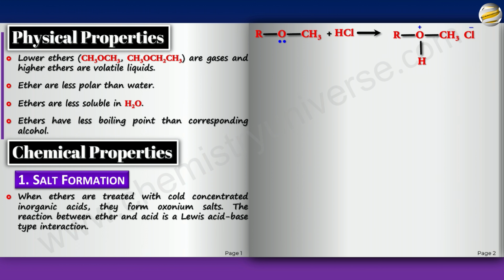So this is what happens when you treat it with cold concentrated HCl. The same happens with sulfuric acid. You will get the hydrosulfate ion and oxonium salt.